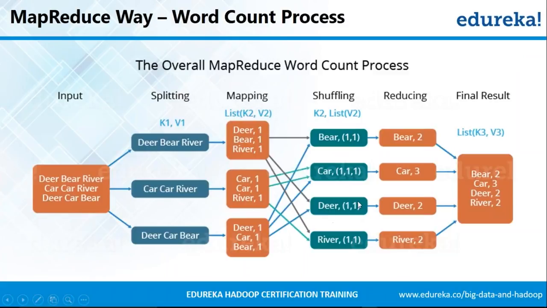The same happened for deer, that is deer, 1, 1, and finally for river, that is river, 1, 1. In the reducing phase, for every key, the list of values was summed up and the result was bear, 2, car, 3, deer, 2, river, 2. And finally, this was the final output on the right, which was sent back to the client. So this was the word count process using MapReduce.